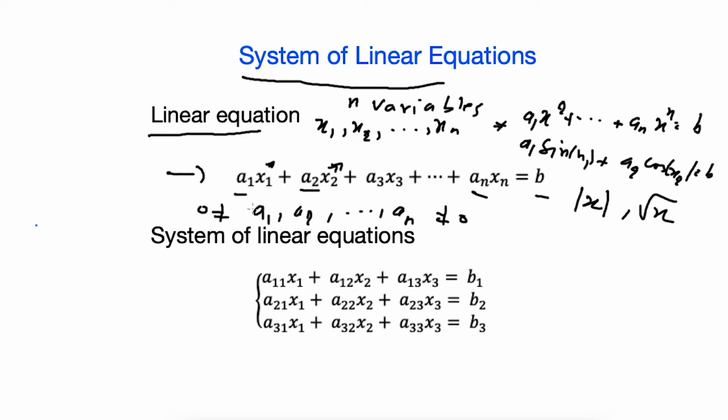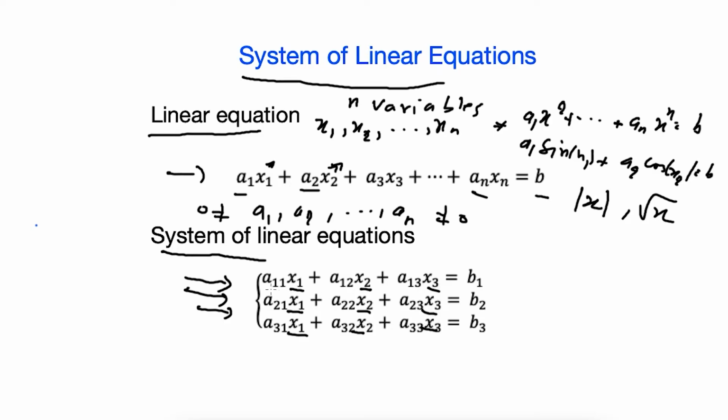So now we know what a linear equation means. We will define what is a system of linear equations. It is simply a set of linear equations. For example, here we have a set of 3 linear equations, and the variables are repeated in every equation, so they must appear in each equation: x1, x2, x3.